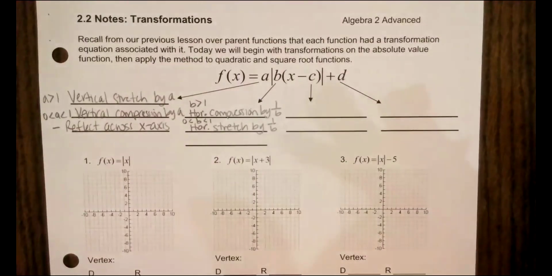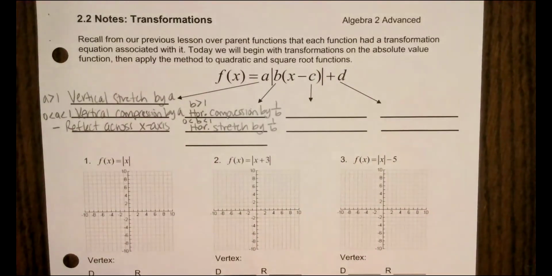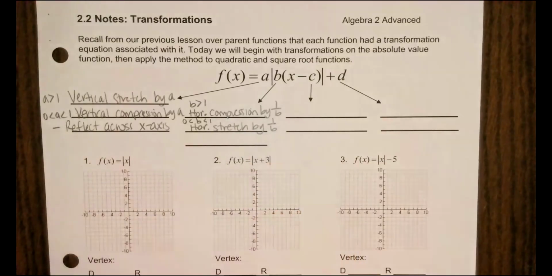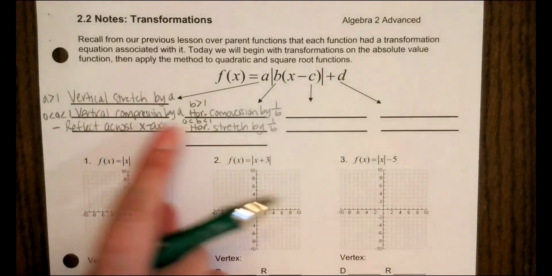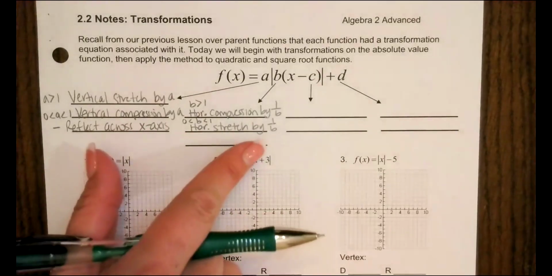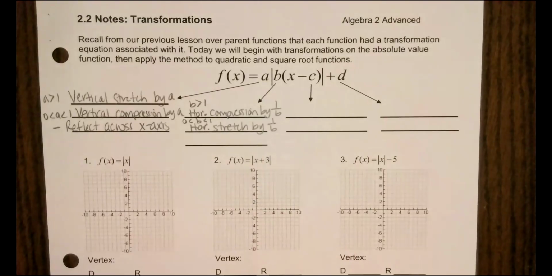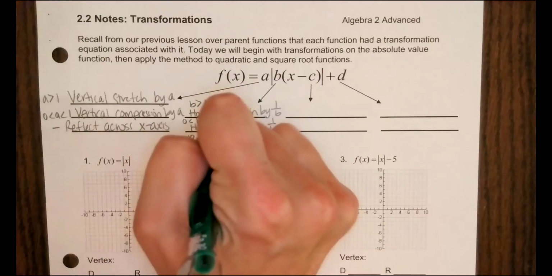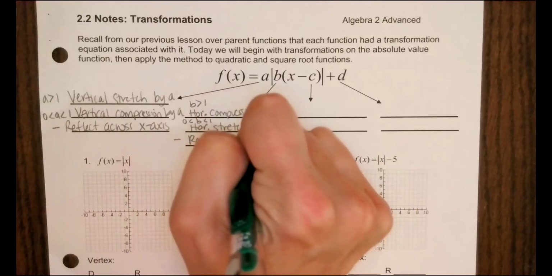It's going to do the same thing to the graph. That's the reason why it doesn't make a lot of sense here in the Algebra 2 functions. It will make a lot of sense when you get to the pre-cal ones because they are significantly different. Even though these functions look the same, the pre-cal ones do not. All right, and then the negative causes a reflection across the Y.